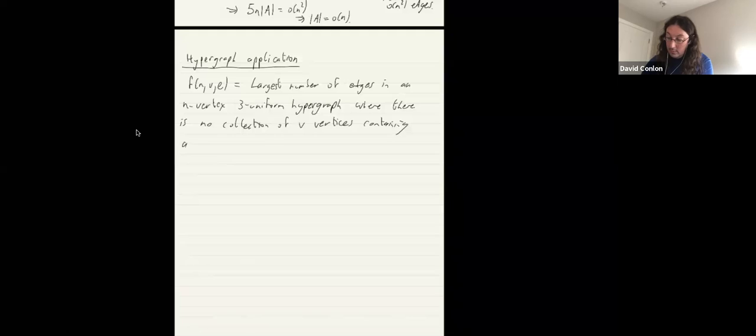By 3-uniform hypergraph, I just mean that the edges all have size 3 instead of 2. So it's the largest number of edges where there is no collection of v vertices containing at least e edges. I'll give an example in a second.